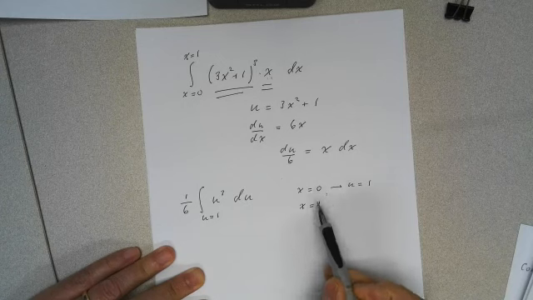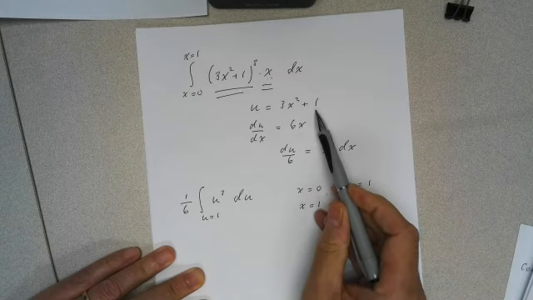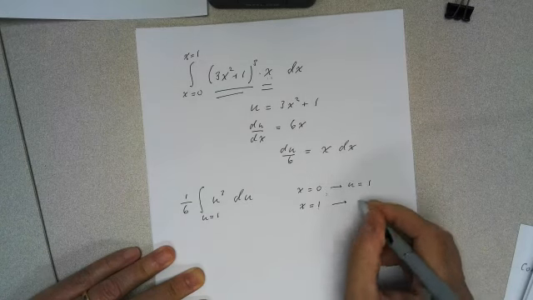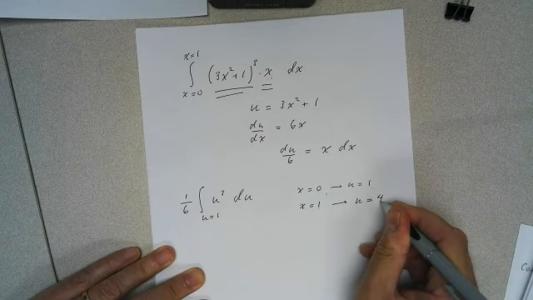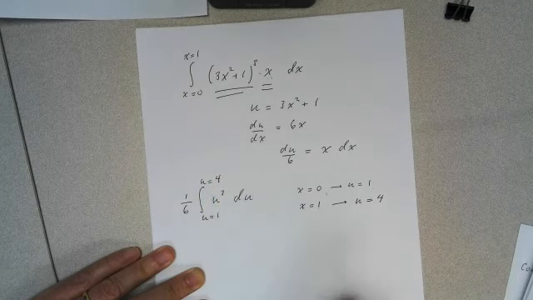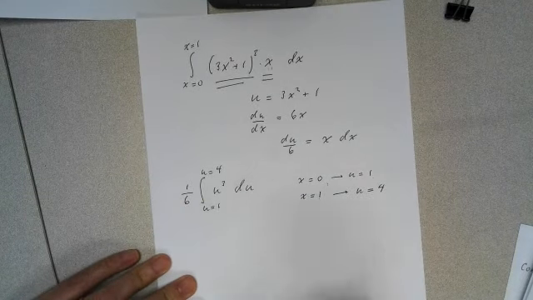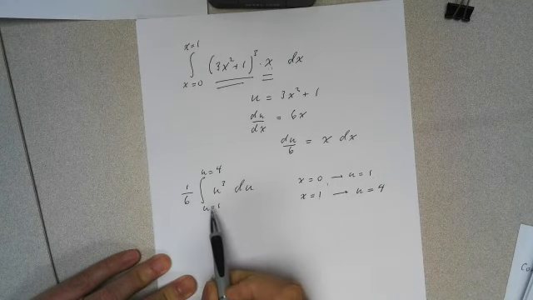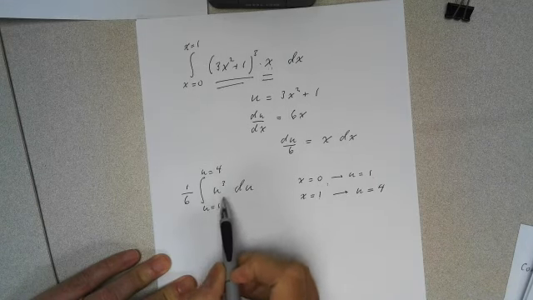The original upper endpoint was x equals 1. If I substitute that in here, I get u equals 4. So that becomes the new upper endpoint. The difference between this approach and back substituting after anti-differentiation is that I won't have to back substitute here.